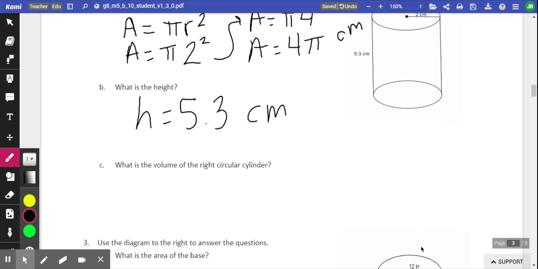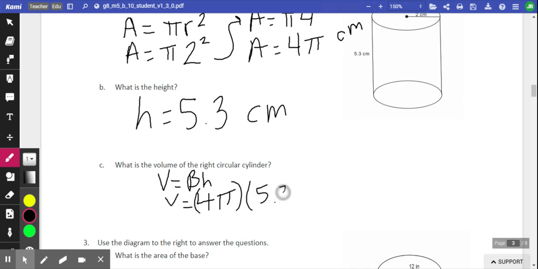And now, when we get to this part where you do the volume of the right circular cylinder, you're going to have volume equals the area of the base times the height. We know the area of the base was 4 pi times the height, which is 5.3.